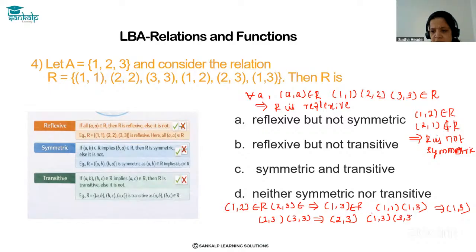You need to check all such pairs for transitivity. So we checked all the pairs, so it is transitive. Therefore, this implies R is transitive.